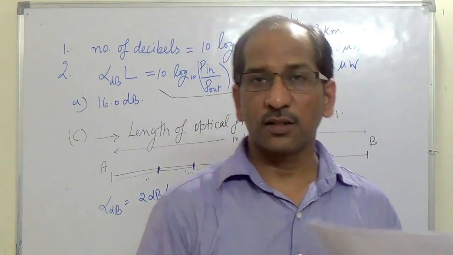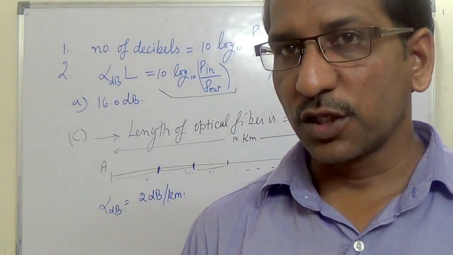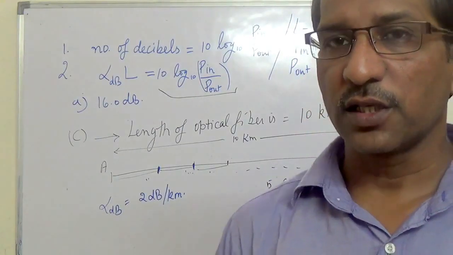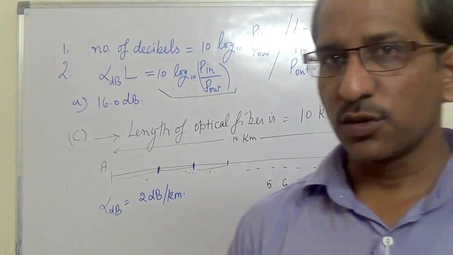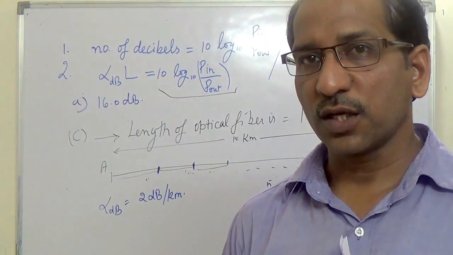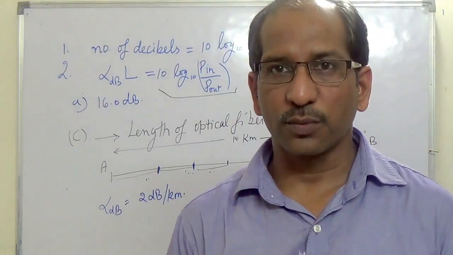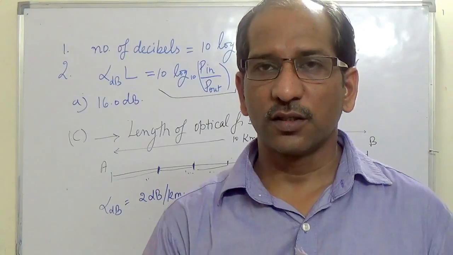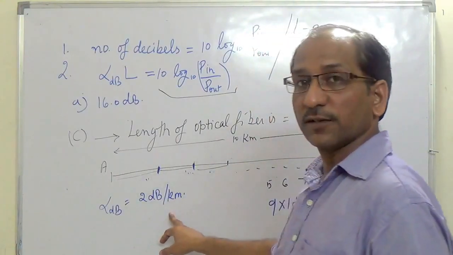In the B part we found that the loss of the data per unit length, or per kilometer, is of the order of 2 decibel. The answer was 2 decibel per kilometer. And in the C part we are using the same optical fiber, so we will use the same property. We have to use this answer of the B part, that is 2 decibel per kilometer.